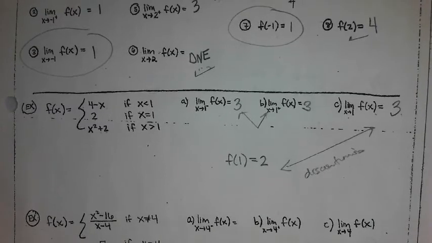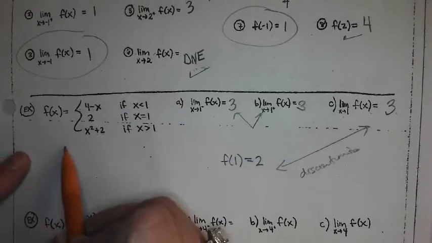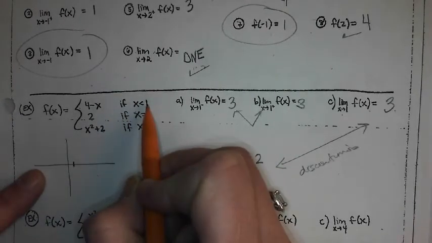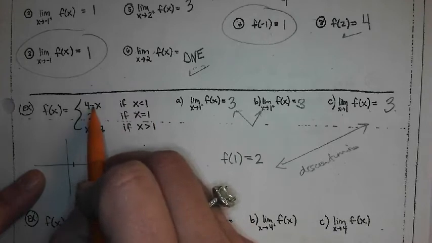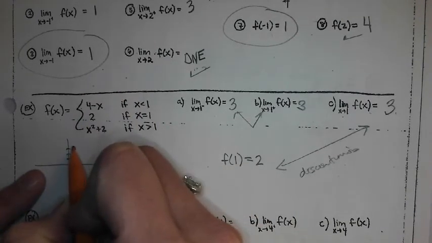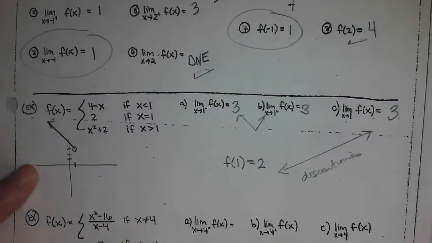Okay? So I don't want you to have to sketch these every time, but I am going to sketch this one now that we've done it so we can sort of bring meaning to this. So when x is less than 1, so that would be the point, 4 minus 1 would be 3, so 1, 3. We have an open circle, and that would be the line.